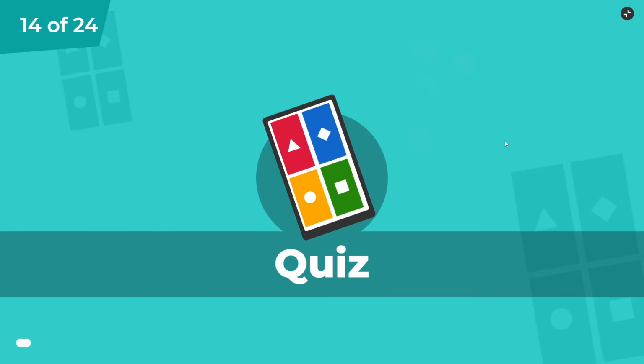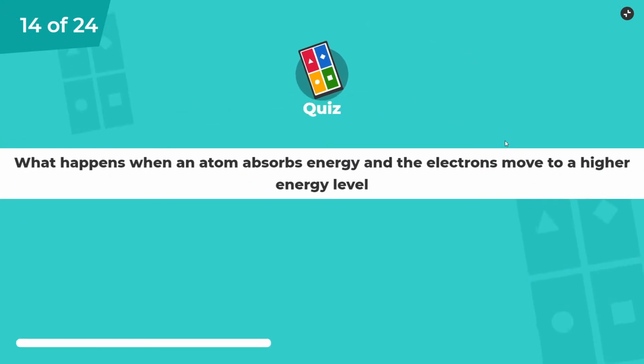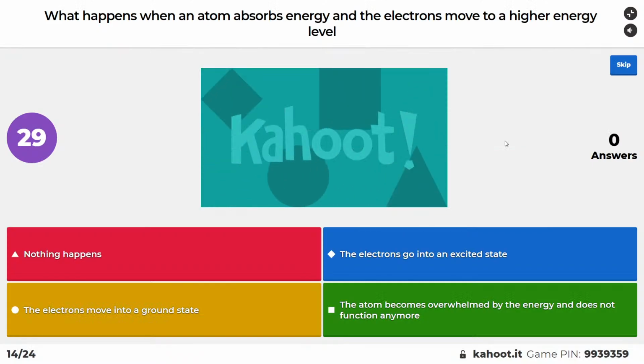All right, next question. What happens when an atom absorbs energy and the electron moves to a higher energy level? So this one's definitions again. Another chem question.